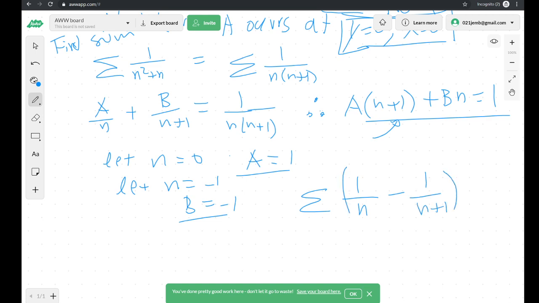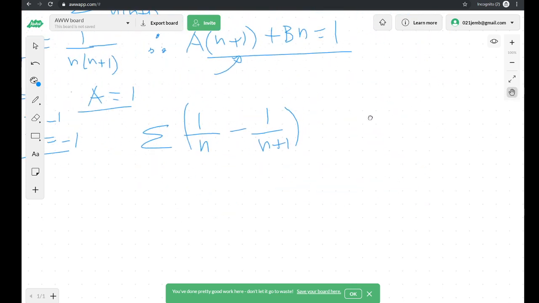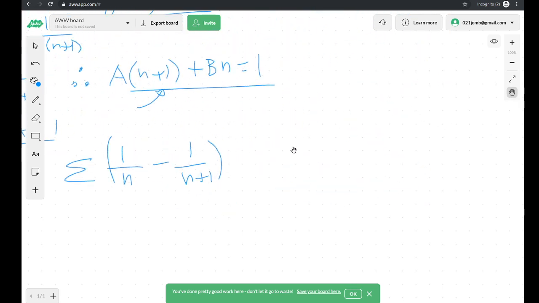Now, this is a telescoping series. So in order to find the sum, what we have to do is write out the first few terms and see what the pattern is. Usually for telescoping series, the terms will cancel out in the middle, and then we're left with a definite answer. So for n equals 1, we have 1 over 1 minus 1 over 2.